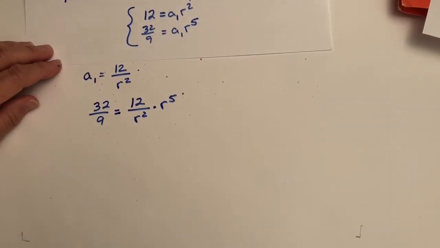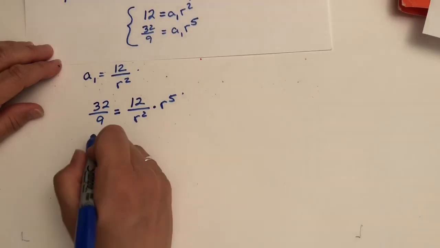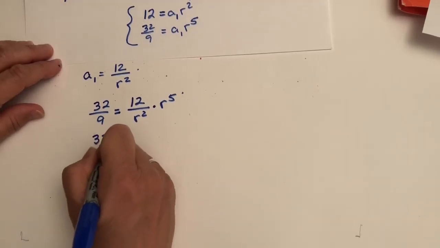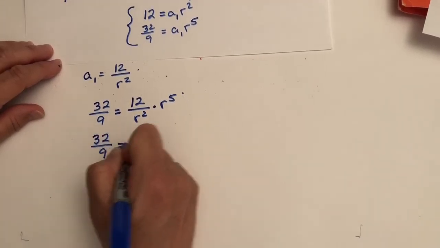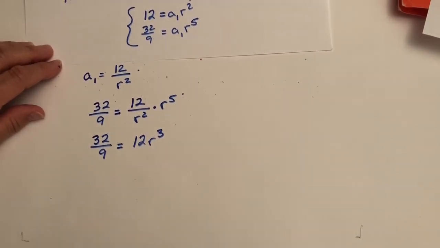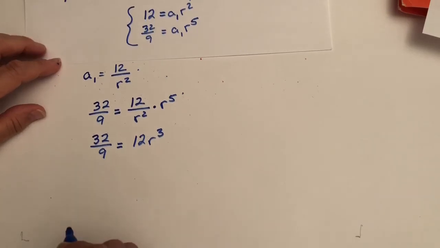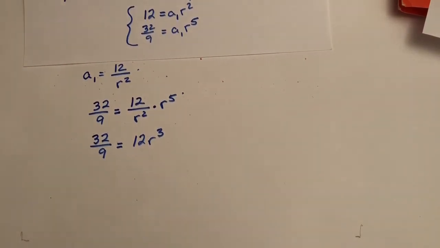Let's do some canceling. Our r squared and our r to the fifth cancel, so we have 32/9 equals 12r cubed. It's looking a little bit better. Now I have an equation that I can solve to find r cubed. I can divide both sides by 12, or think of that as multiplying both sides by 1/12. Either way, right?